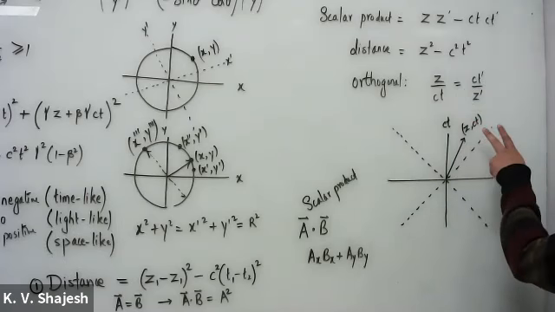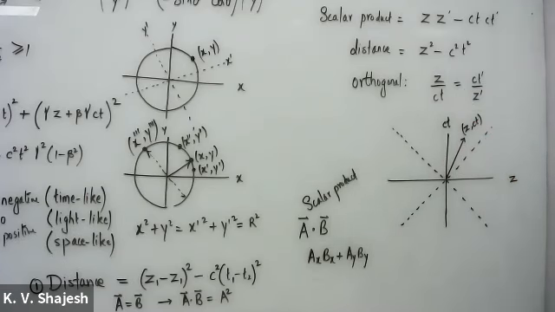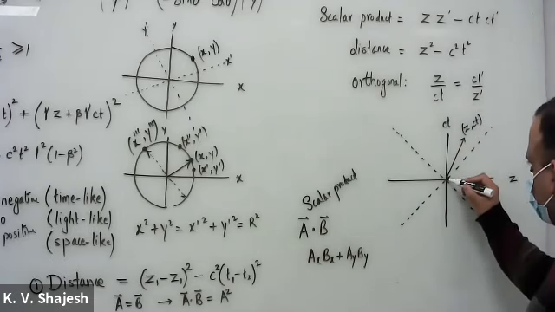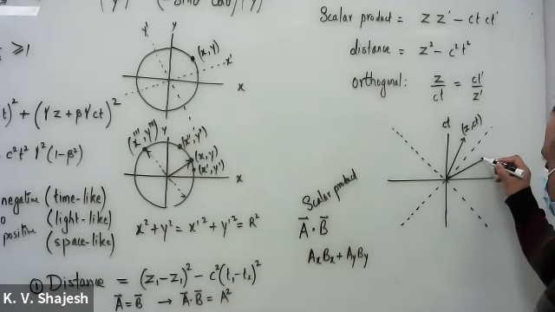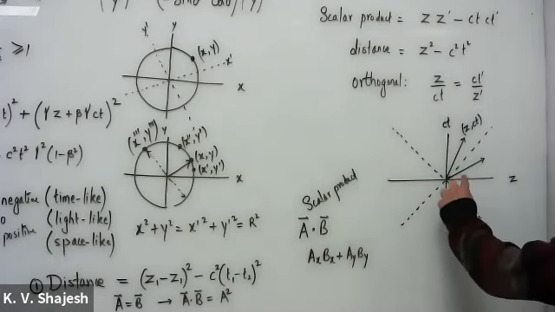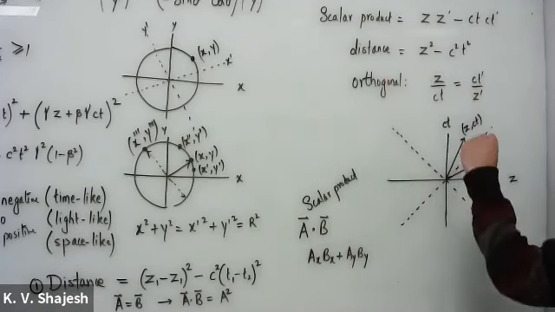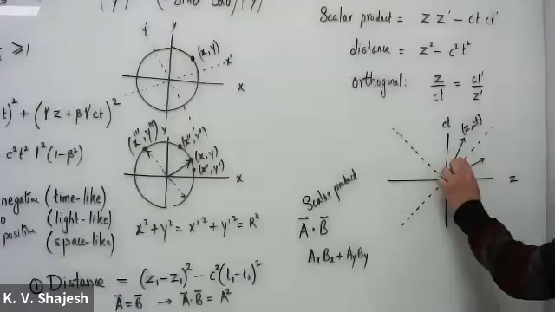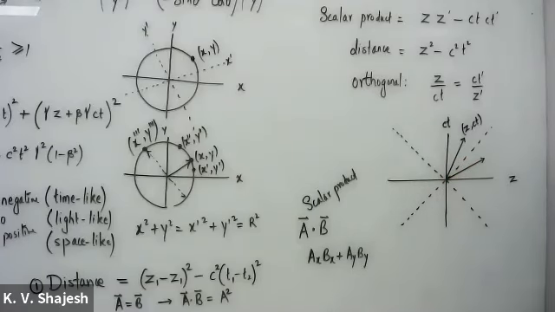Flip your coordinates ct and z as a numerical quantity. If this is 3, 1, or 1, 3, then you want to make it 3, 1, and you will immediately see that the vector is here. So in the real sense of the angle in the Euclidean space, make the same angle on this side, and that will be your perpendicular vector.